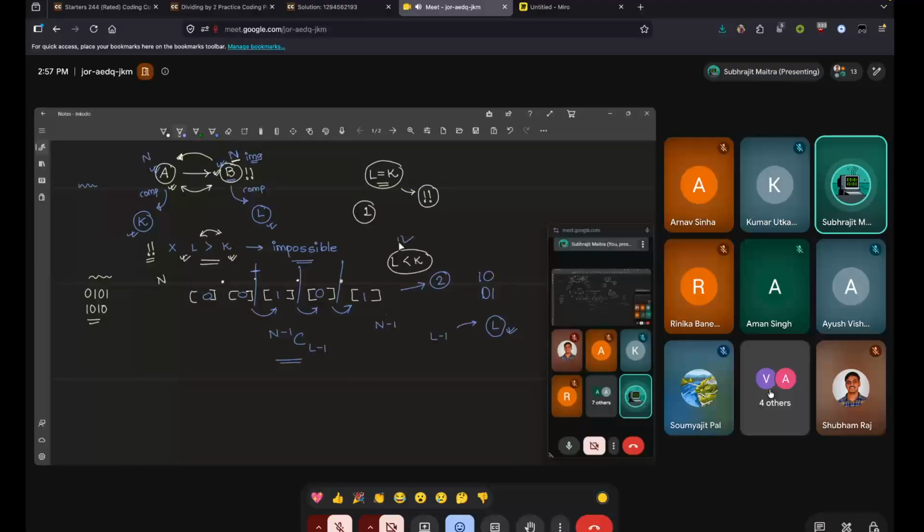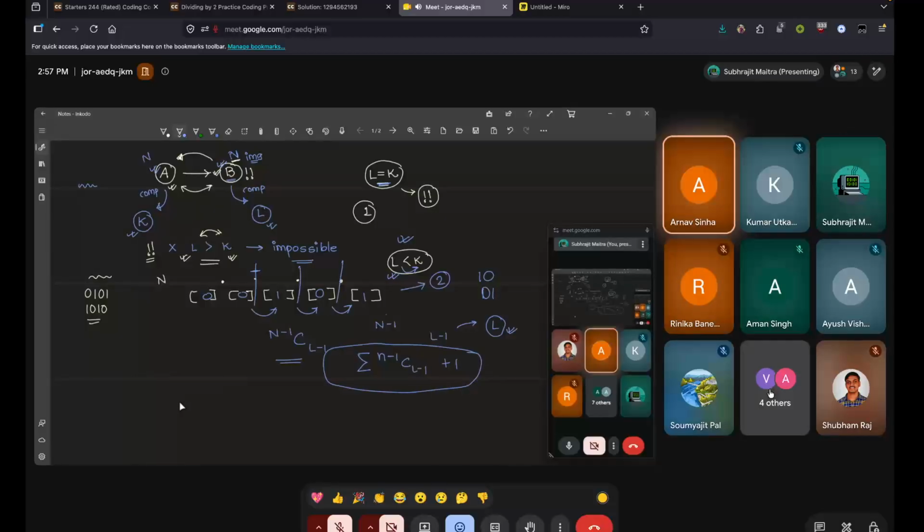Whenever you have L less than K, all you need to do is, for all possible L less than K, find n minus 1 C L minus 1 and add them. For L equal to K, for that one case, you'll have a 1. Also, tell me, did we miss anything in this formula?